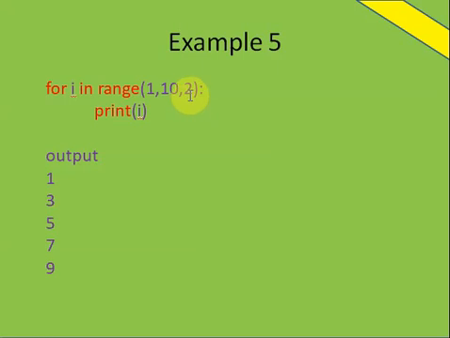Again it will add 2 and then print. So the output is 1, plus 2 is 3, plus 2 is 5, plus 2 is 7, plus 2 is 9. As the stop value or upper limit is 10, it will print numbers below 10. So when you give three numbers after range, there are start, stop and step values. Let us see the practical.